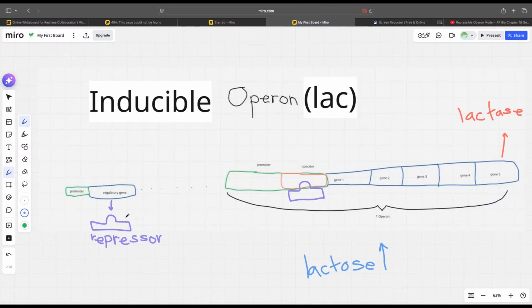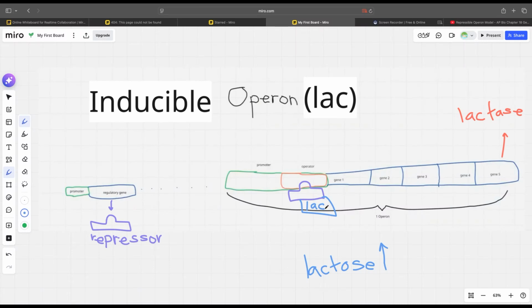In the repressible model, the repressors were made in an inactive form, but in this model, they are made in active form. As we can see here, they're made and they can fit into this operator immediately. But when the lactose concentration goes up, the lactose will bind to the active repressor.